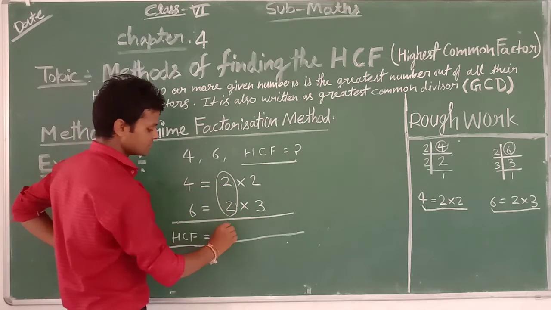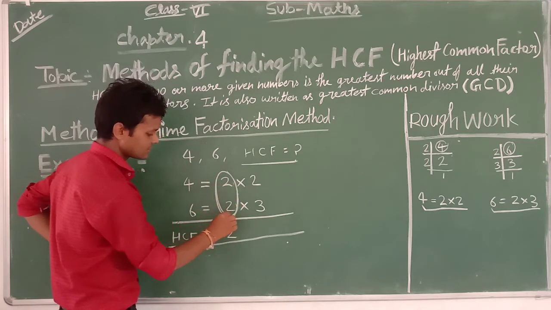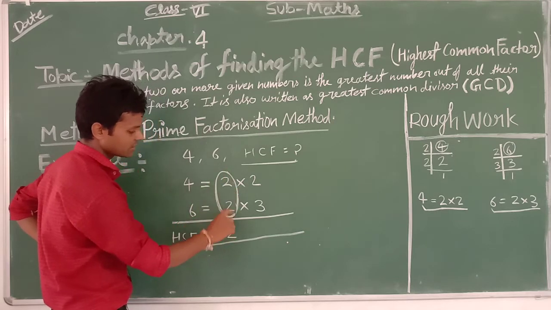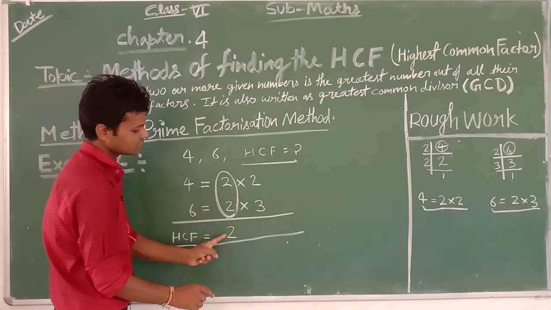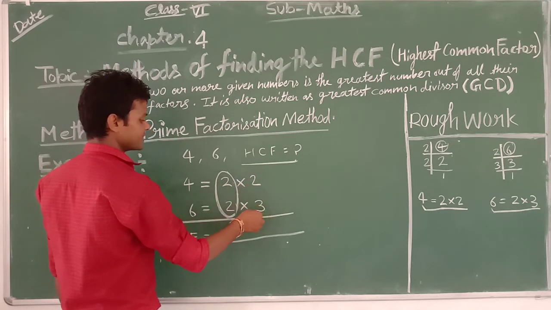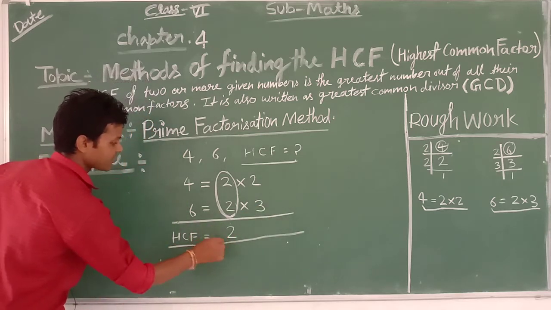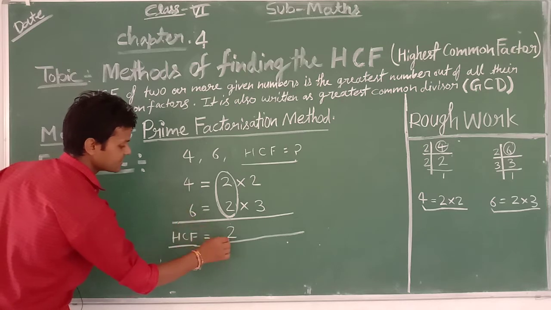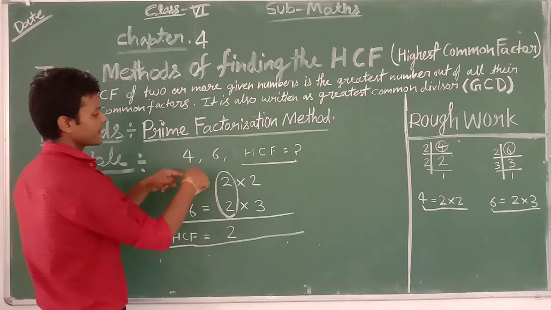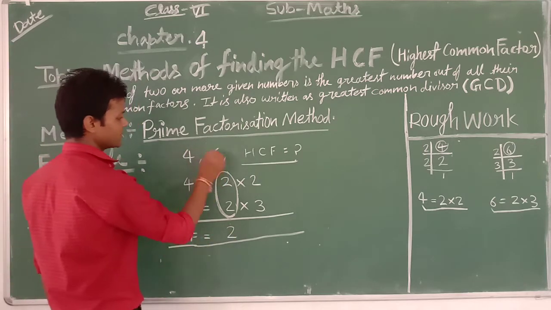You write here 2. First you match, and you take only one number. Here 2, here 3 is no pair, this is a mismatch. Obviously, you can say the highest common factor of 4 and 6 is 2, because 2 divides 4 and 6 both. This is called the highest common factor.